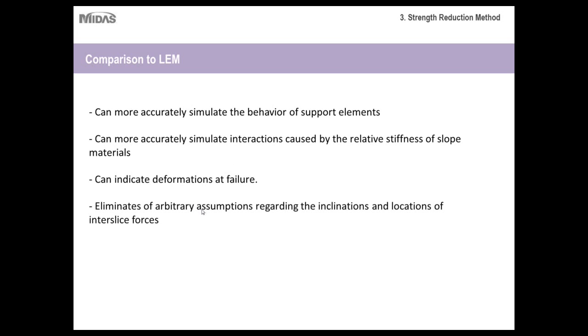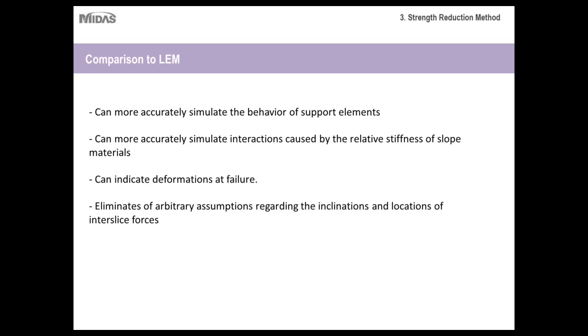And then it eliminates arbitrary assumptions regarding the inclinations and locations of interslice forces. So once again, with the limit equilibrium method, you're making various assumptions that might lead to values or results that may not be something that you'd want.